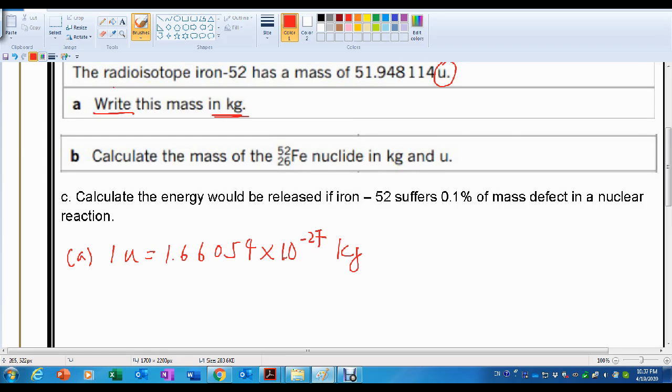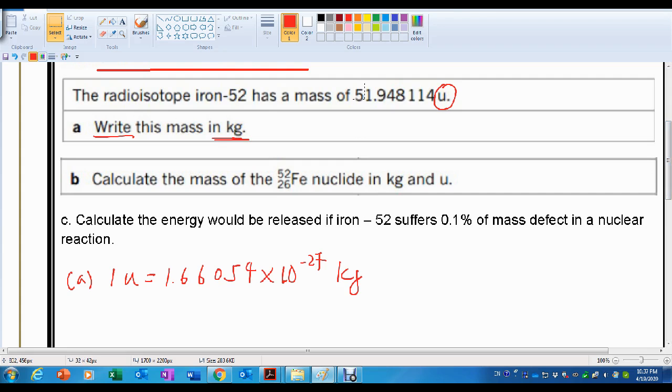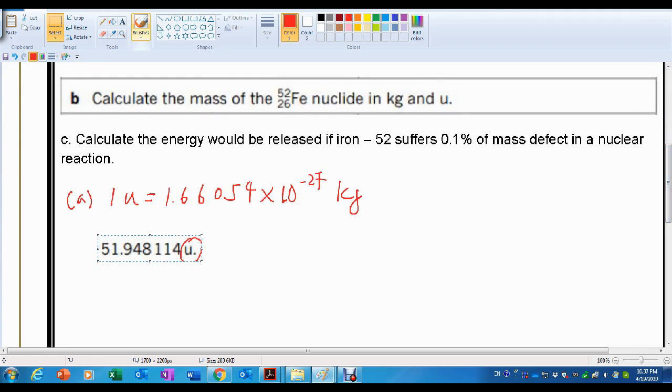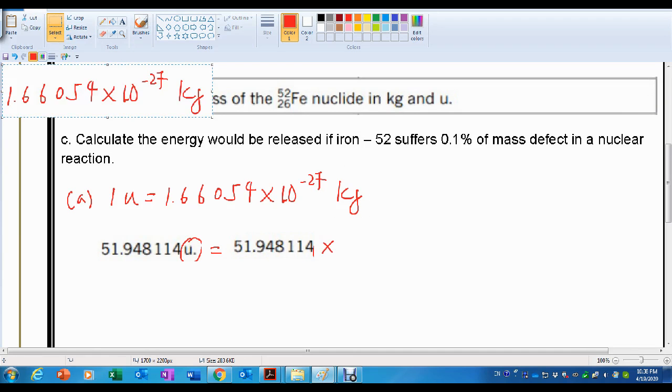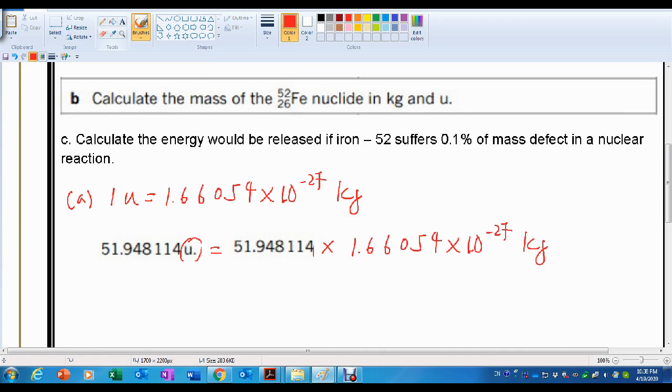That number is just too long, I don't want to type it, so I just use copy and paste. I replace that u by that constant, then that will do it.